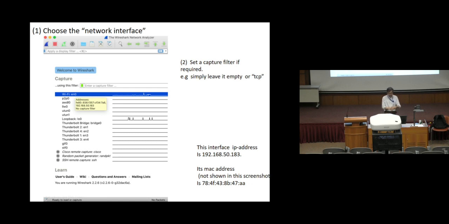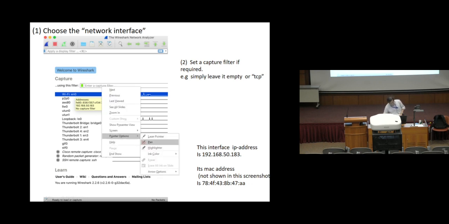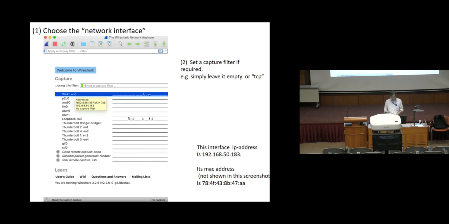After you choose the network interface, you can set a capture filter if required, or in the beginning, you probably just leave it blank first. The capture filter is over here. The IP address of this laptop is 192.168.50.83.